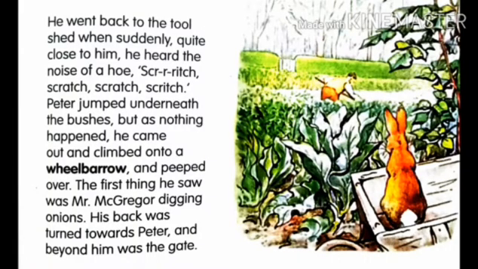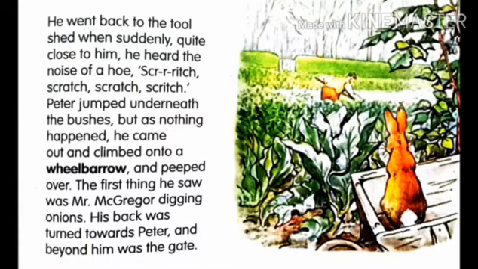He went back to the tool shed when suddenly, quite close to him, he heard the noise of a hoe. Scritch, scratch, scratch, scritch. Peter jumped underneath the bushes, but as nothing happened, he came out and climbed onto a wheelbarrow and peeped over. Now again he went into the tool shed. So he came away from the tool shed.